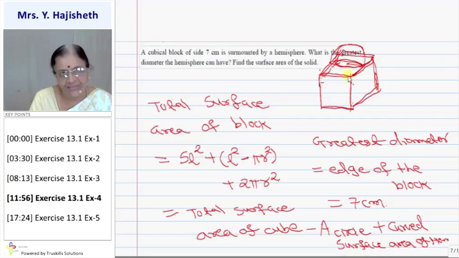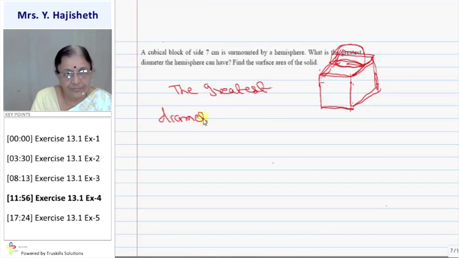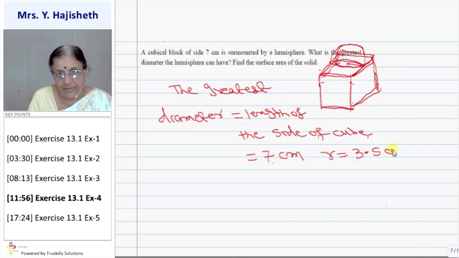Length is given as 7 centimeter. So the greatest diameter is equal to the length of the side of the cube. Okay? And that is 7 centimeter. So your radius is 3.5 centimeter.